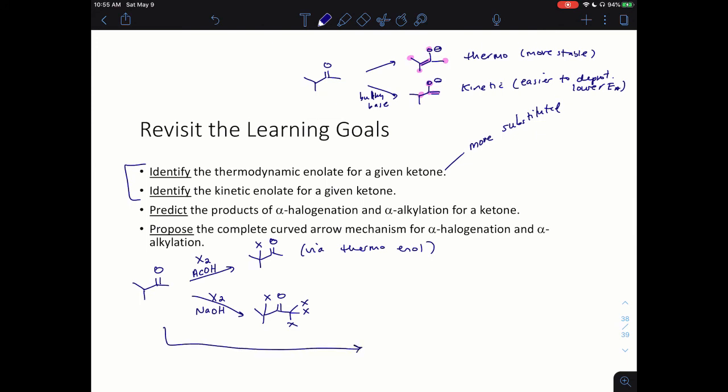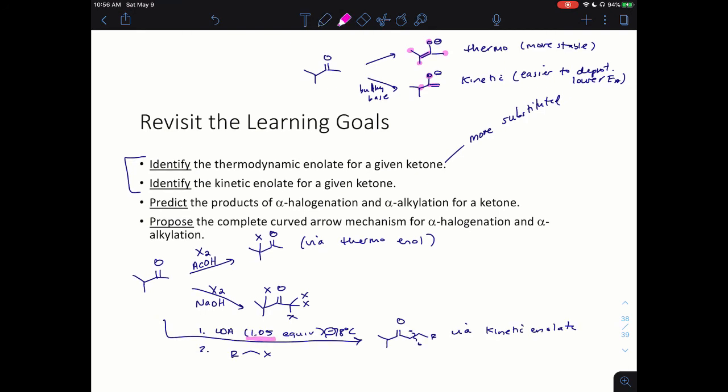Okay. All right, now what else? Alpha alkylation. So you could do just a little bit more than one equivalent of LDA. It will go via the kinetic enolate, and you'll get alpha alkylation at the less substituted of the two alpha carbons. Or you could imagine using just a little bit less than one equivalent of LDA.